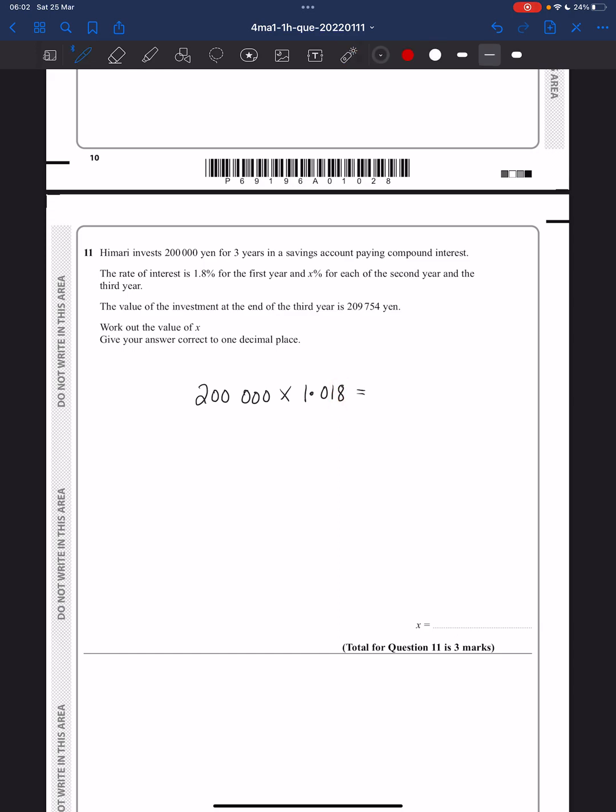So after 1 year, this person's got 200,000 times 1.018, typing it into my calculator, 203,600.